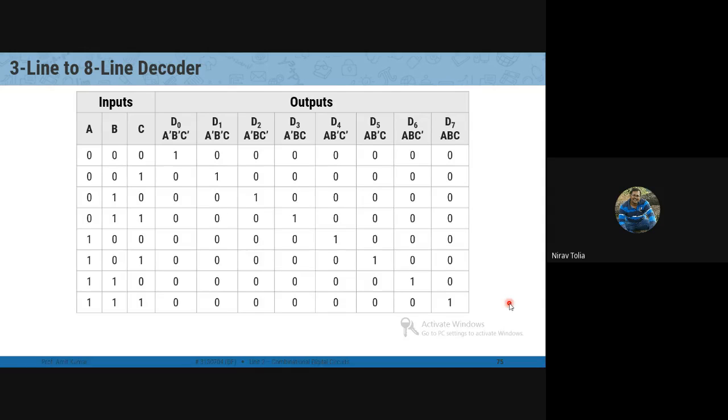Okay. So this is the truth table of the 3-line to 8-line decoder. From that truth table, we have to draw the figure.